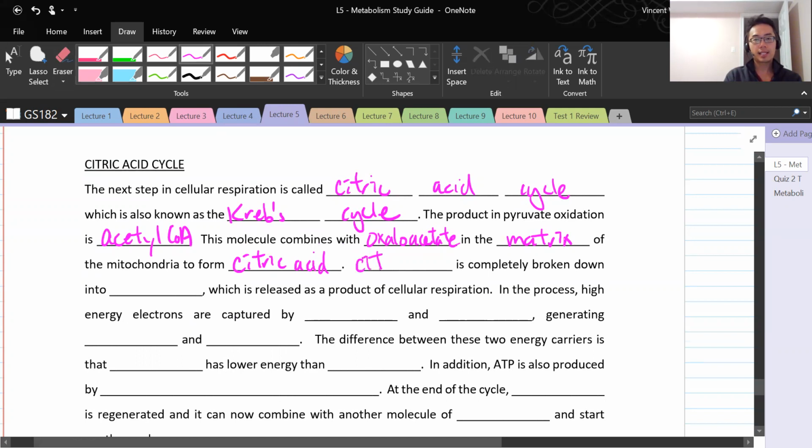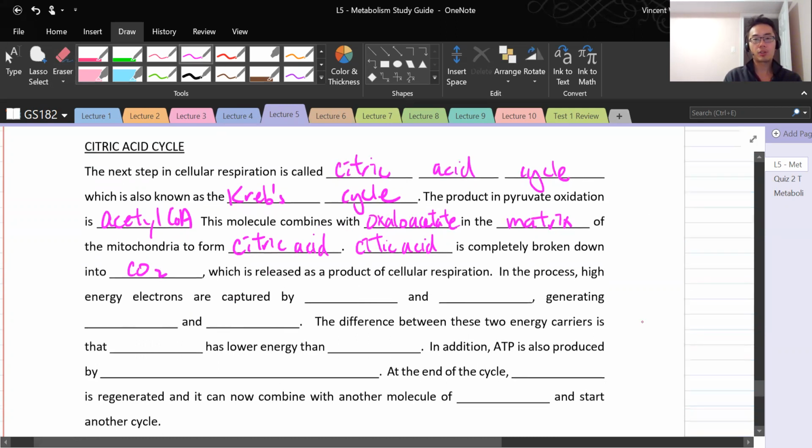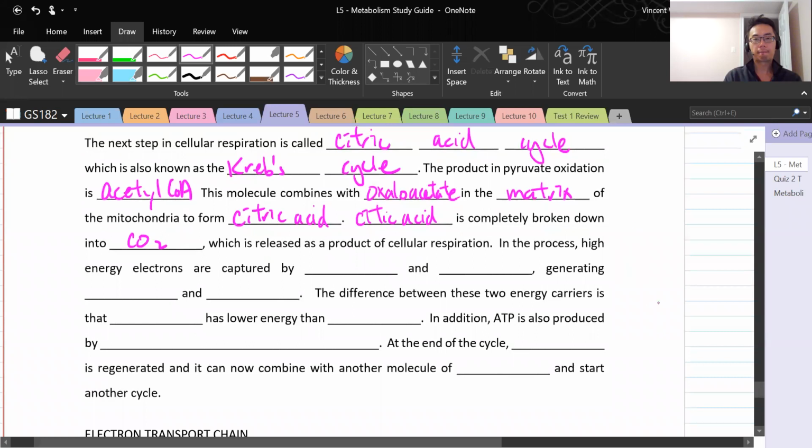And then citric acid is broken down into carbon dioxide, which is released as a product of cellular respiration. In the process, high energy electrons are captured by NAD+ again, as well as FAD, generating NADH and FADH2.